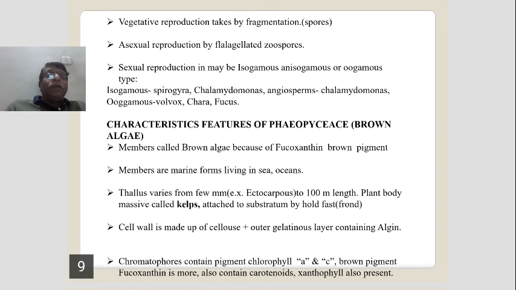Anisogamous: when the male gamete is small and the female gamete is big, we call it anisogamous type of reproduction. Oogamous: in oogamous type, the male gamete is the antherozoid or sperm, and the female gamete is the oogonium.